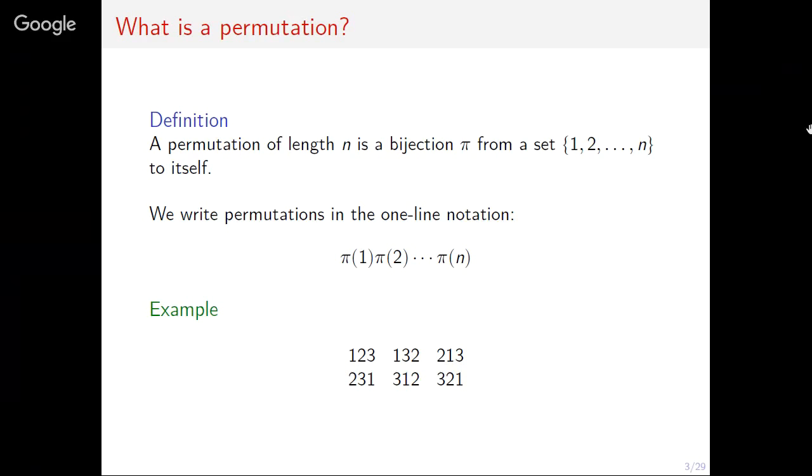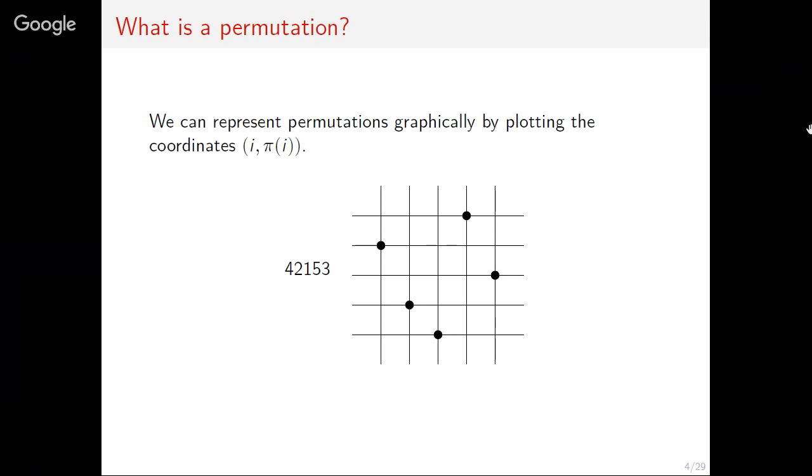We saw some of them before on the previous slide. And we can represent a permutation graphically by plotting the points where on the x-axis we have the indices of the permutation, and on the y-axis the values in the permutation. So for example, this graphical representation is of the permutation 42153.